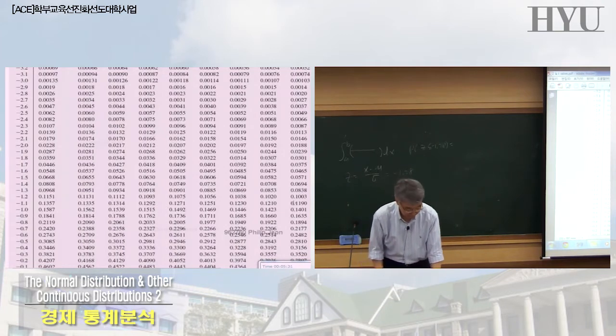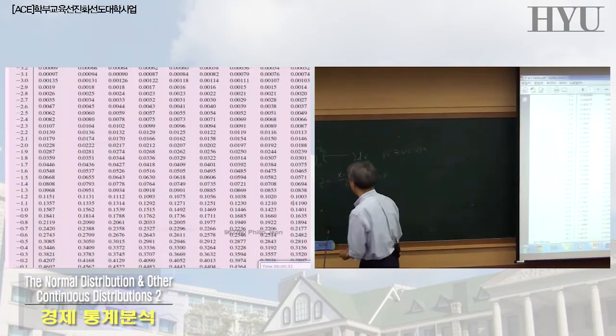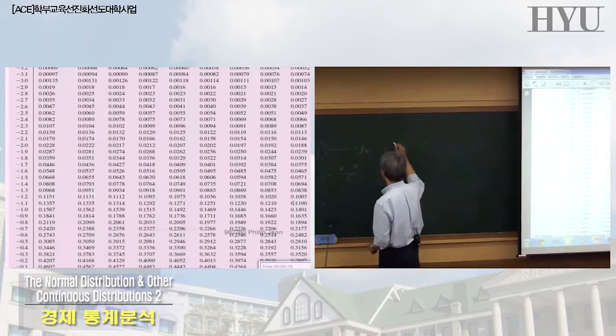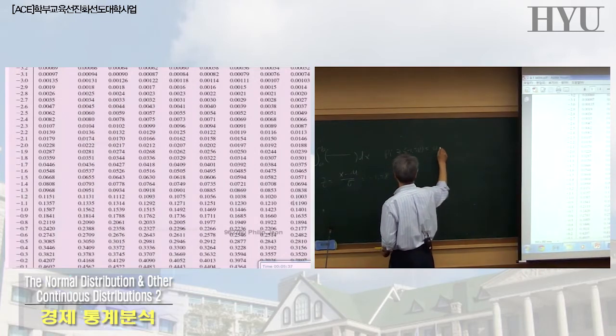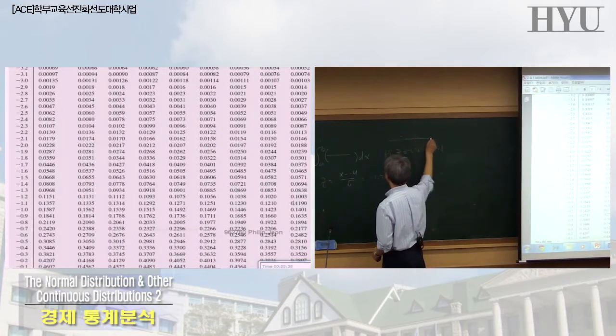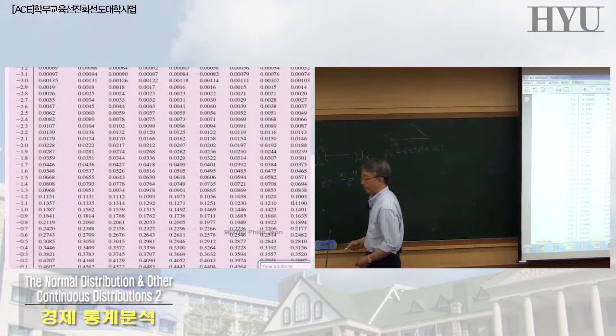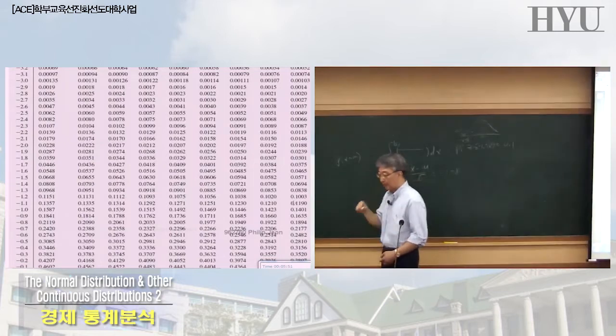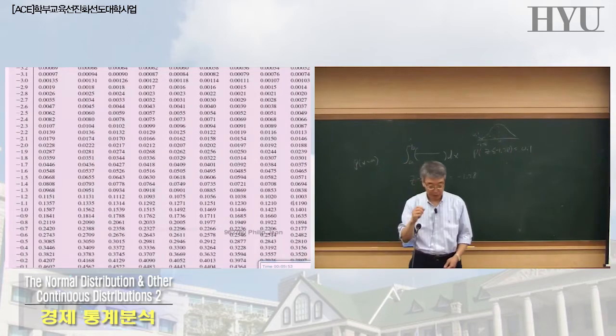In other words, 0.1 almost. So if the z-score happens to be negative 1.28, this area is 0.1. Does it make sense? And that's how you use the z-table.